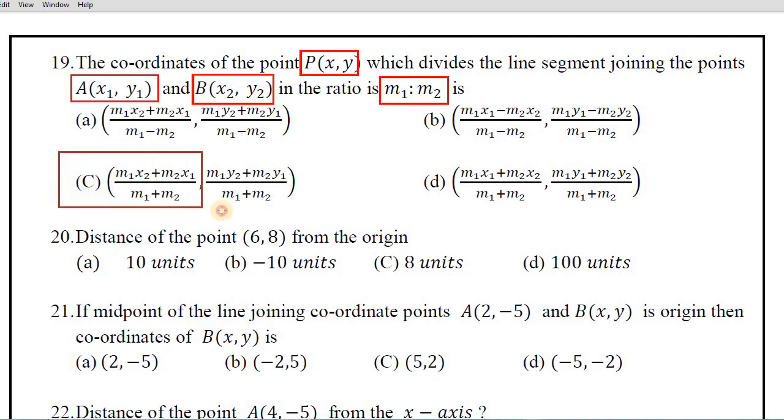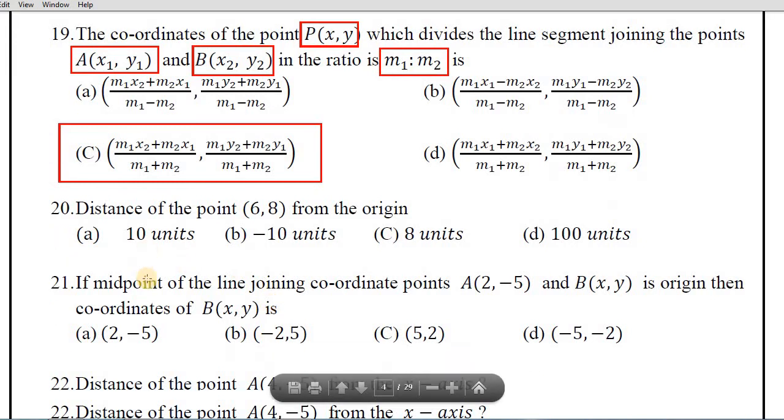That is option C, m1 x2 plus m2 x1 by m1 plus m2, m1 y2 plus m2 y1 by m1 plus m2. So here you wanted to remember another formula also, in case when a point is midpoint. Otherwise when the point is dividing a line segment in the equal ratio, in that case you wanted to use the formula x comma y is equals to x2 plus x1 by 2 comma y2 plus y1 by 2. So for question number 19, the right answer is option C.